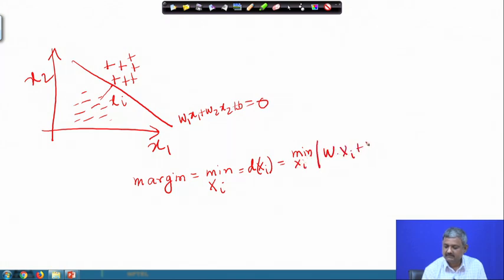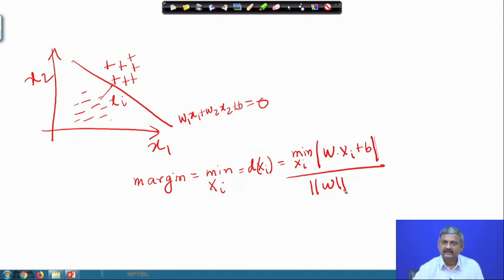The numerator of this quantity is independent of xi, so the minimization I can apply only over the numerator, and I have scaled w and b to make this entire minimum equal to 1.